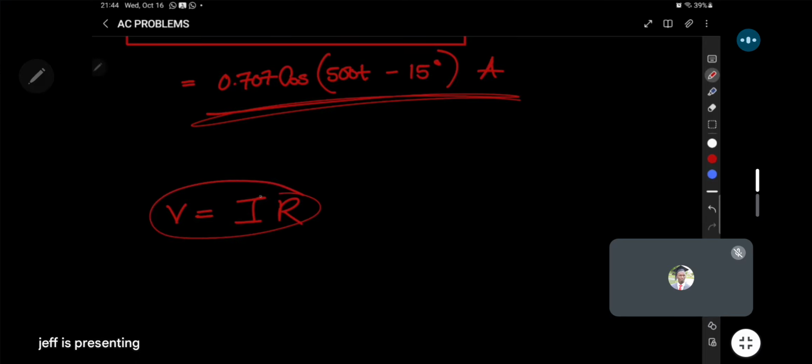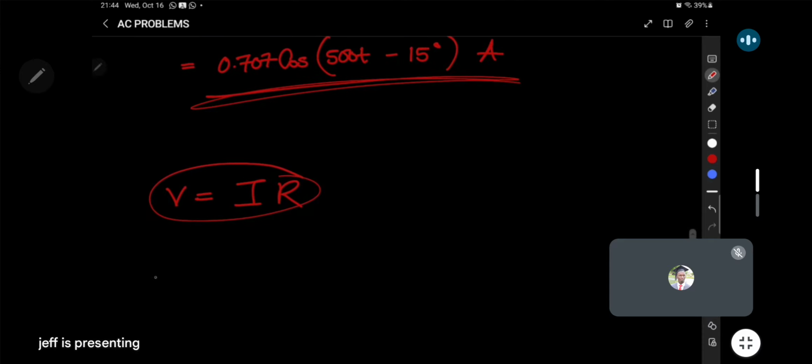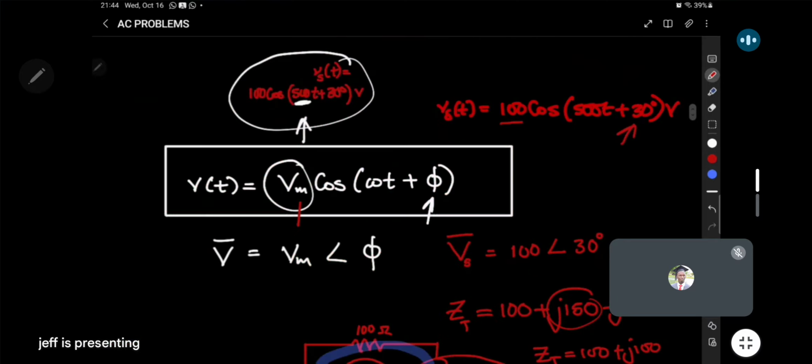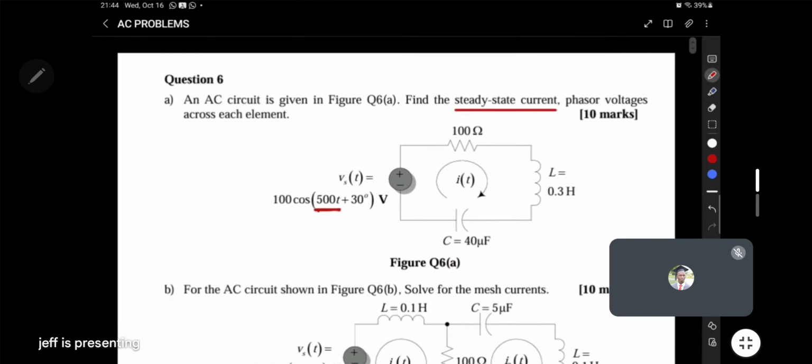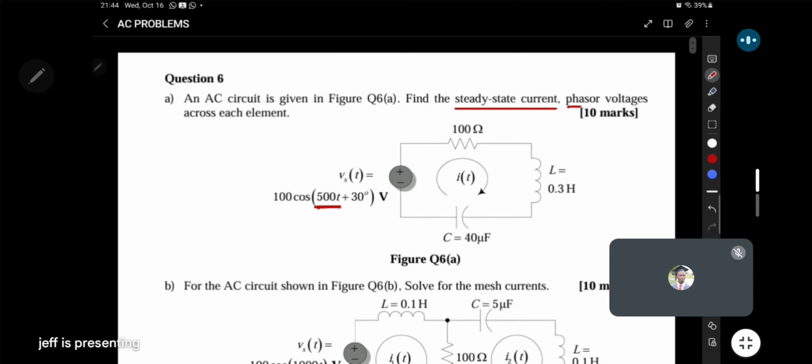We can present it in phasor form. So what is happening? Let's start with the resistor. The voltage drop across the resistor. So multiply the resistance value by the current passing through it. Now, let's see what they specified here. They want the phasor voltages across each element.